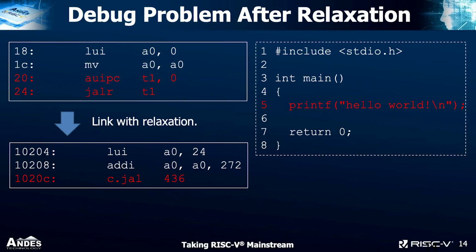First of all, let me give you an example to show what the problem in debugging is when relaxation is enabled. Suppose we have a simple program that just calls printf to print something out. After compiling and linking, we know that auipc and jalr will be shortened to jal if relaxation is enabled.